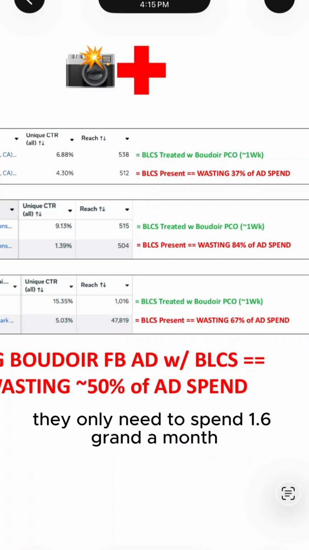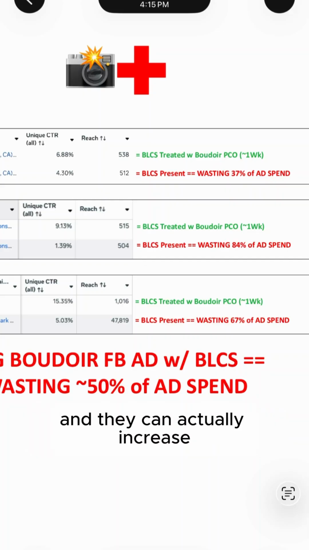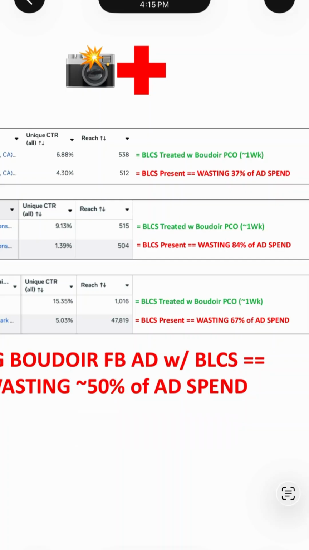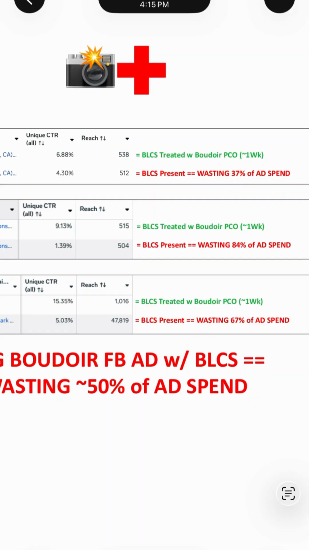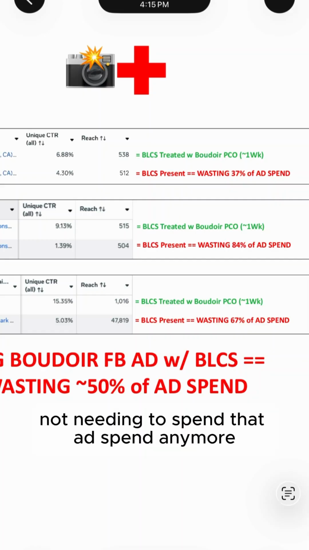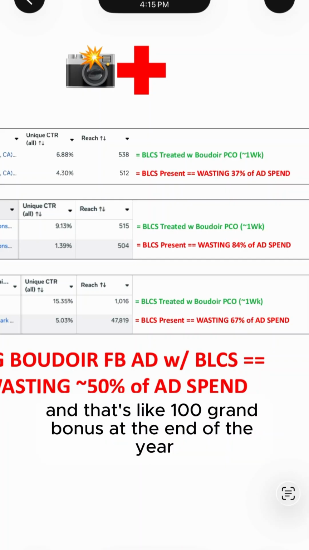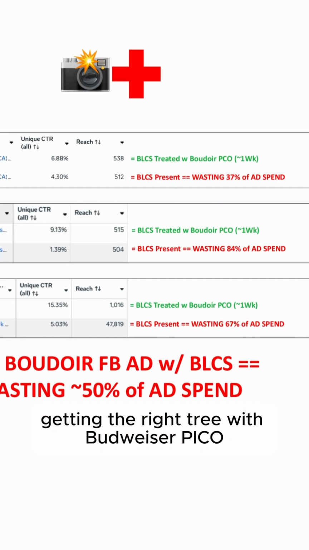Now they only need to spend 1.6 grand a month on the Boudoir Pico treated ad, and they get their ad into the same number of women's brains in both scenarios. So they simply pocket that $8,400 a month, not needing to spend that ad spend anymore, as a phantom bonus back in their pocket, no extra work required. That's like a 100 grand bonus at the end of the year by simply getting their ad treated with Boudoir Pico.